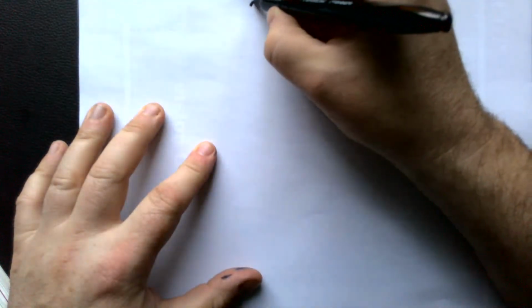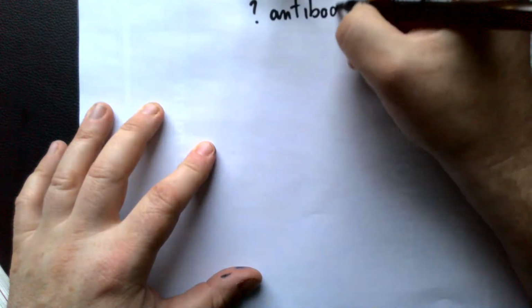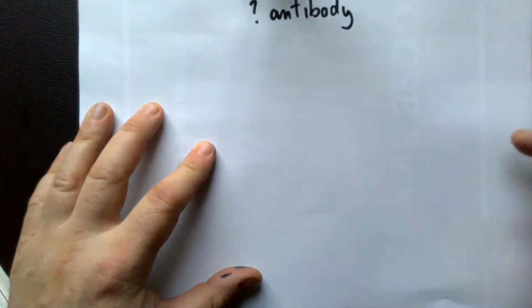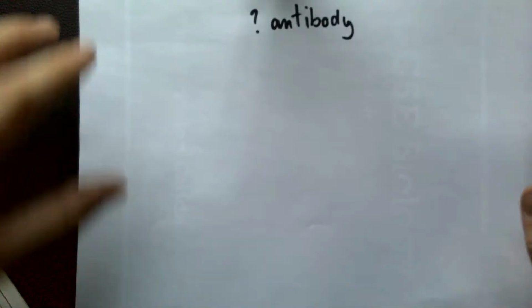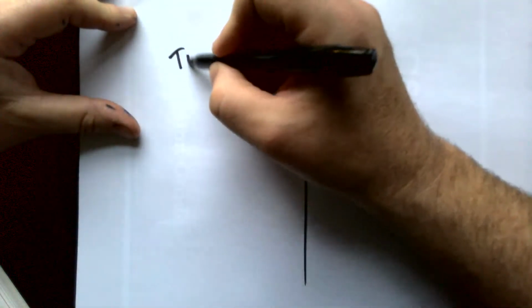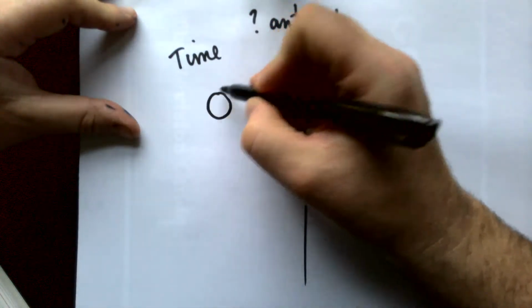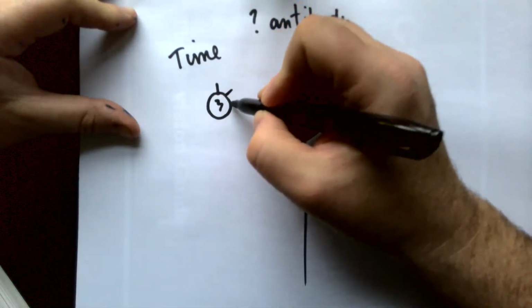But let's think about, what if we don't know the antibody that we need? Along comes a virus and we don't recognize it. We have two options. One, time. Here's the virus, and here's the spikes.